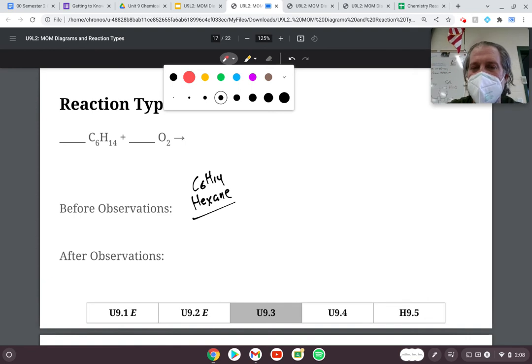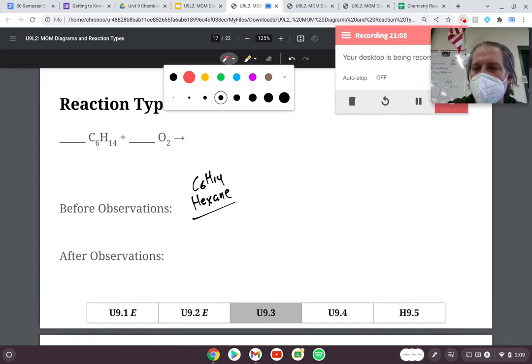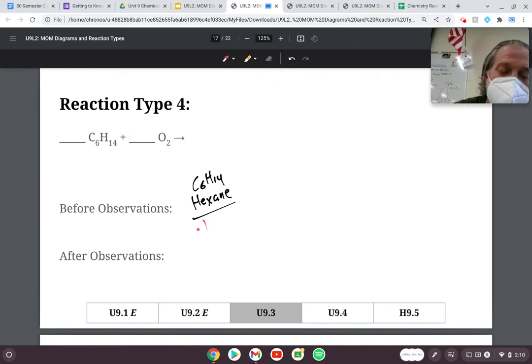I'm going to go grab that, and then I'm going to have you guys take a look at it right now. Okay, so this is the hexane right here. And as you have already noted, it looks very similar to almost all of the other liquids and whatever else that we worked with. I'm going to tell you, though, for sure that it is a liquid. So I'm going to put an L up here.